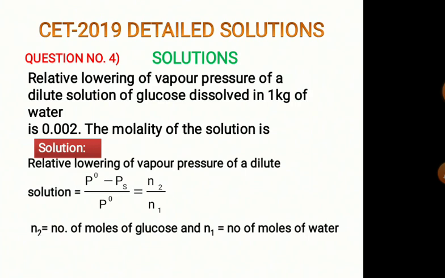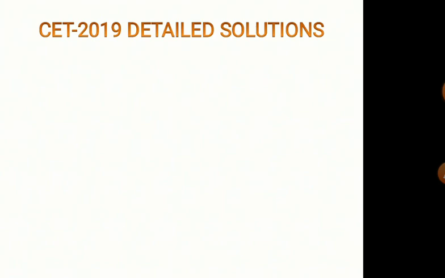Here, if we know the number of moles of glucose, then molality is equal to number of moles divided by 1 kg of the solvent, and here they have given 1 kg only. So calculate N2, that should be the answer. How to calculate N2? Given is N2 by N1 is equal to 0.002, right?